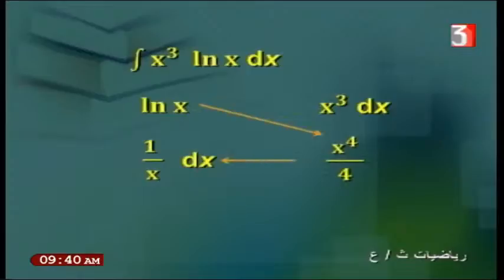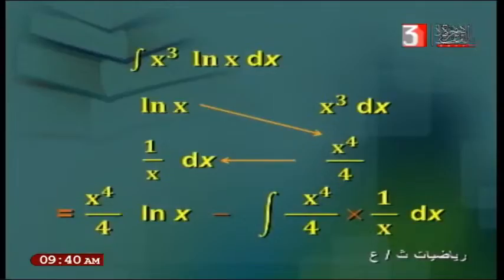Then ln x multiplied by x^4 over 4 minus integration of x^4 over 4 times 1 over x dx is the rule of integration by parts. The integration equals x^4 over 4 ln x minus 1 over 4 integration of x^3 dx.